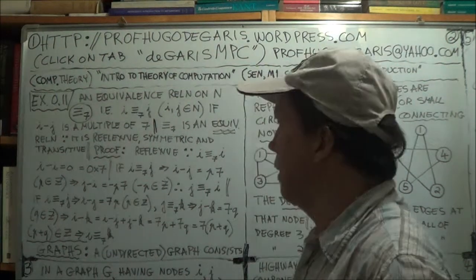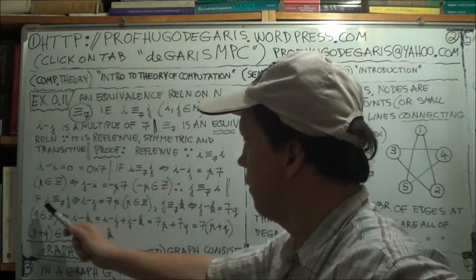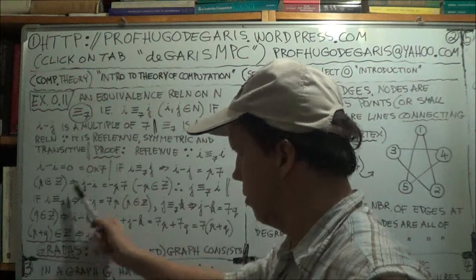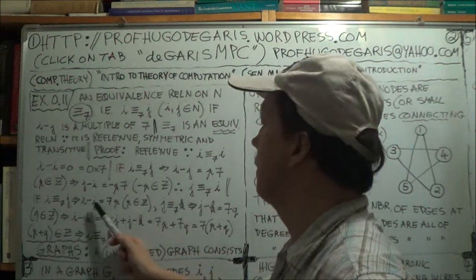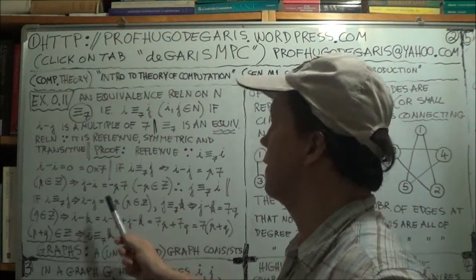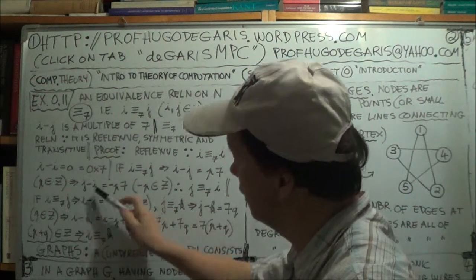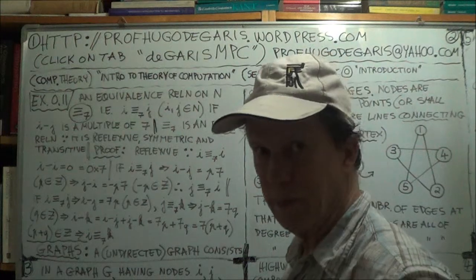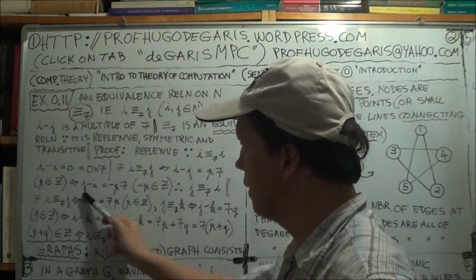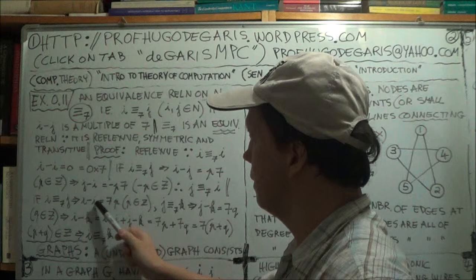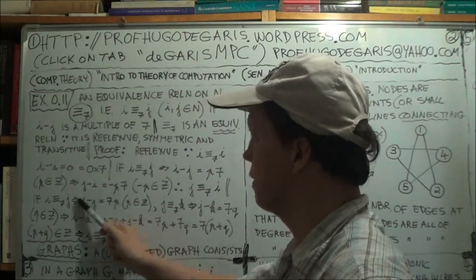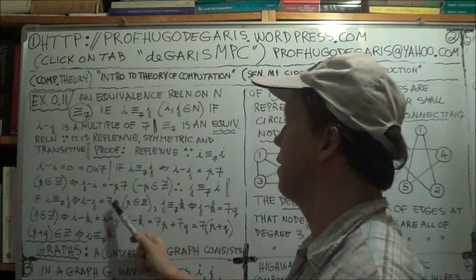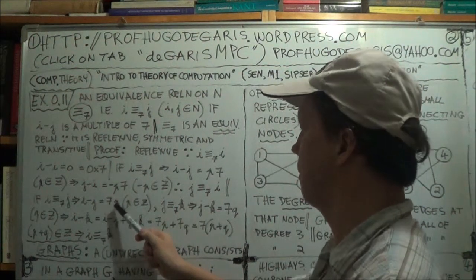Well, let's test it. Okay, so if i R j, you're told that's true, then the difference between them is divisible by 7. Okay, so that means this difference is 7 times some integer, because you can divide this by 7. So 7 will be a factor of this difference. So you can write i minus j as 7 times some integer.